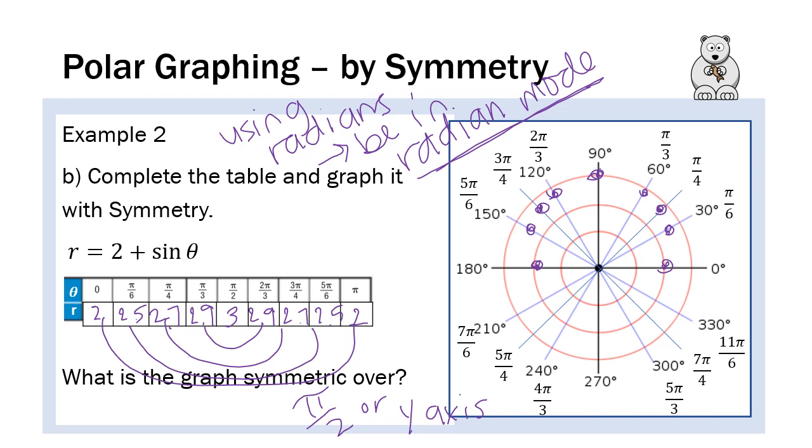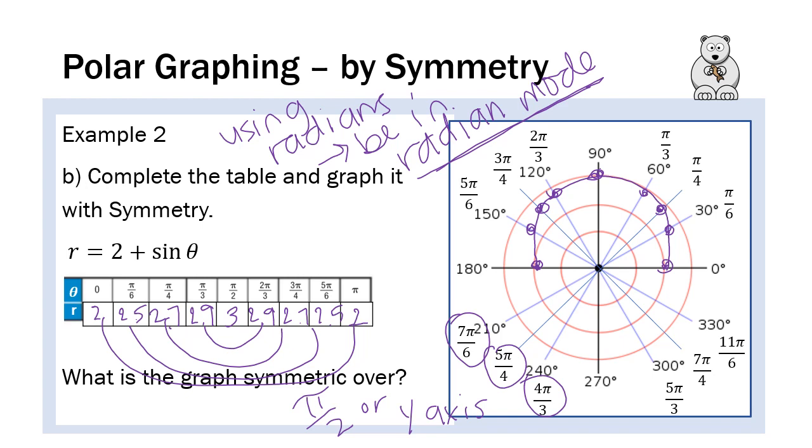Now, I can see the symmetry here, but I think I might need a couple more points to actually determine where. So it is symmetrical like this, but I need to know what happens below that line. So I do need a couple more points. So I am going to do these right here, this, this, and this, and see what happens.